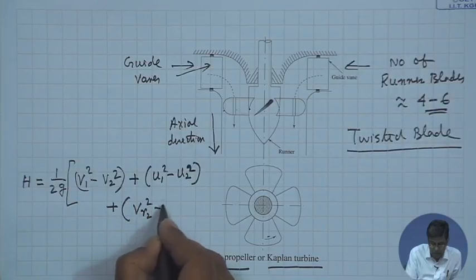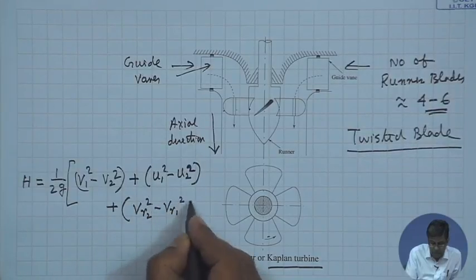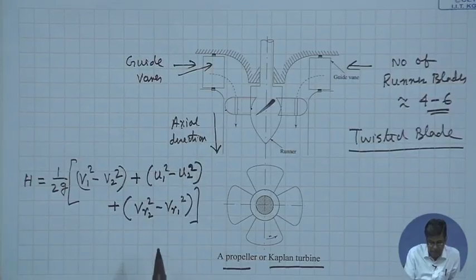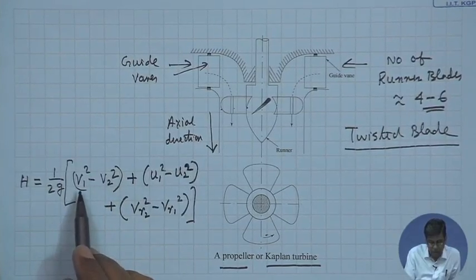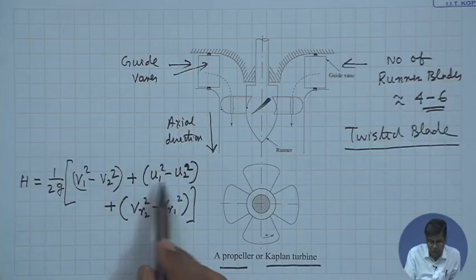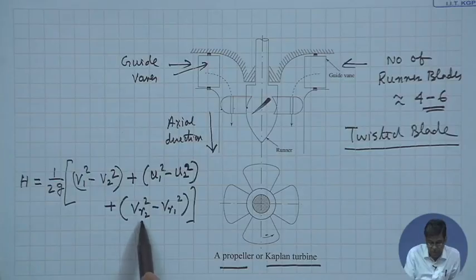If you recall, we discussed this in the beginning sessions, where V1, V2 are the absolute velocities of water or fluid at inlet and outlet, U1, U2 are the runner velocities at inlet and outlet, and VR2, VR1 are the relative velocities of the fluid with respect to the runner at the outlet and inlet.